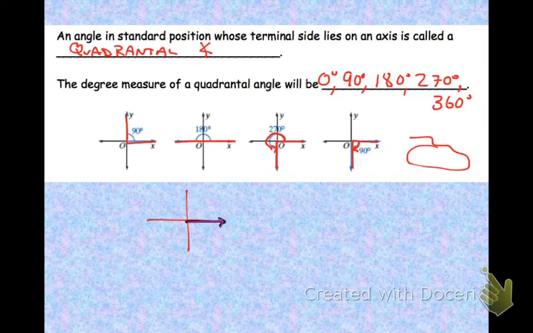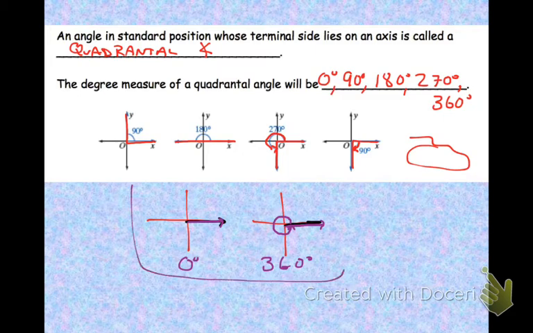And you could also have a 360 degree angle, so you have your initial side, and then if you rotate all the way around, you have your terminal side. This one was a 0 degree angle. You might want to sketch both of those in up over here.